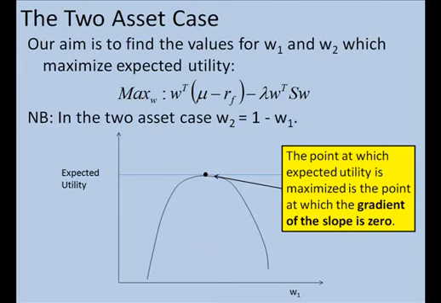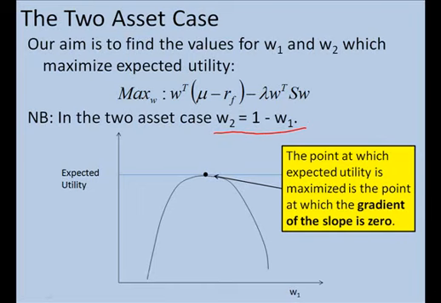In the two-asset case, we have the percentage we invest in asset 1 and the percentage we invest in asset 2. We can actually draw this on a diagram because in the two-asset case, the percentage we invest in asset 2 has to be equal to 1 minus the percent we invest in asset 1.